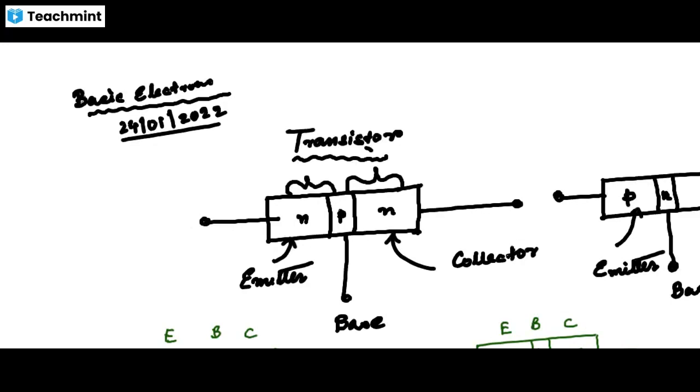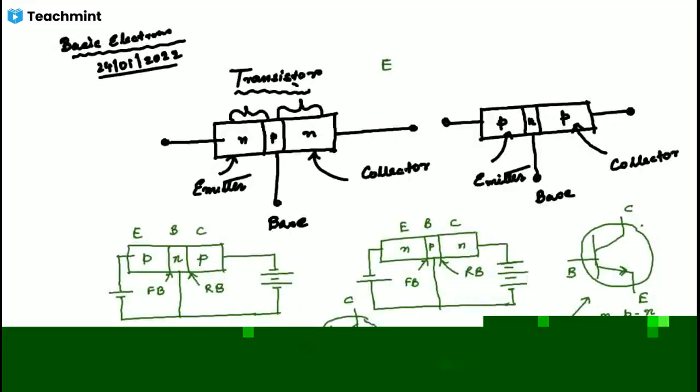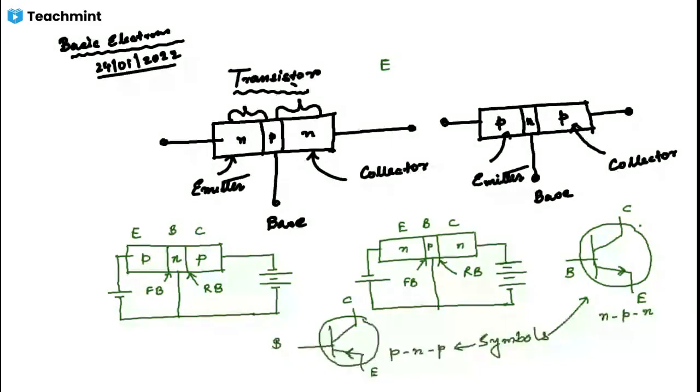So what we are telling is that the transistor has three regions: emitter, base, collector. On the doping concentration level, if you think about the doping concentration level, the doping concentration is higher in the collector.